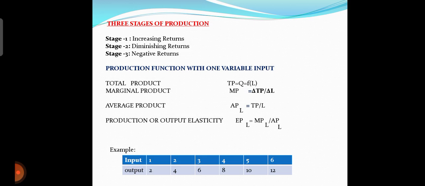Total product is nothing but the volume or amount of final output produced by a firm using given inputs in a given period of time. Marginal product.